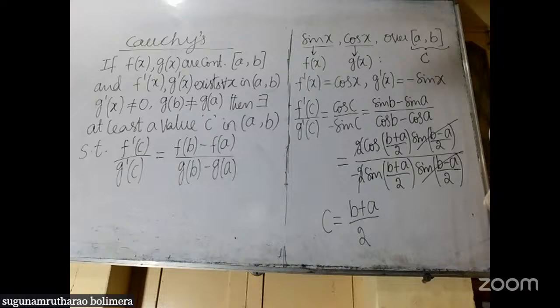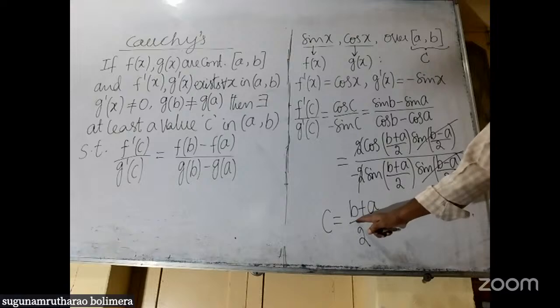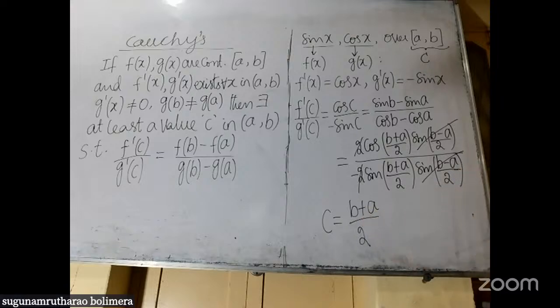Say yes or no. B plus a by 2 is the arithmetic mean. The arithmetic mean of two numbers always lies in between them. So it is lying in between a and b.